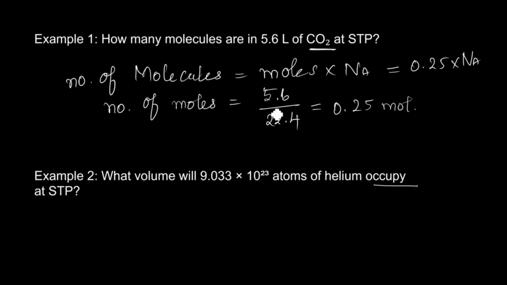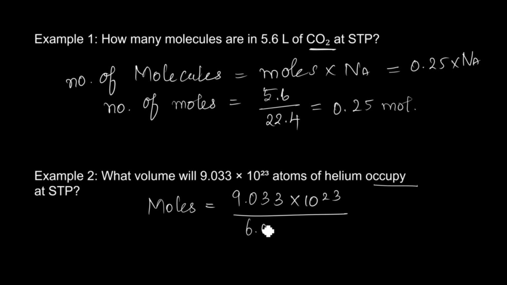In the first question they gave the volume and asked for the molecules. In this question they have given the particles and are asking for the volume, just the opposite. So we find the moles, which is 9.033 into 10 to the power 23 divided by 6.023 into 10 to the power 23, that is 1.5 moles.